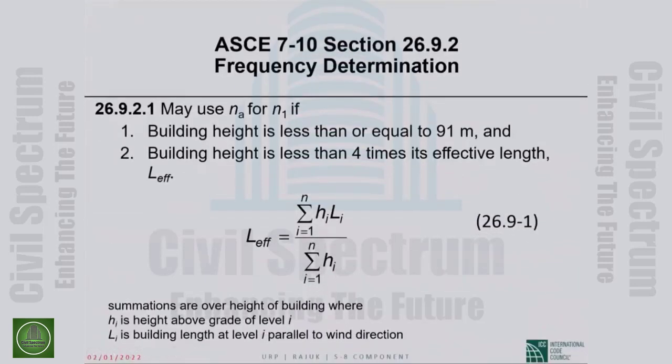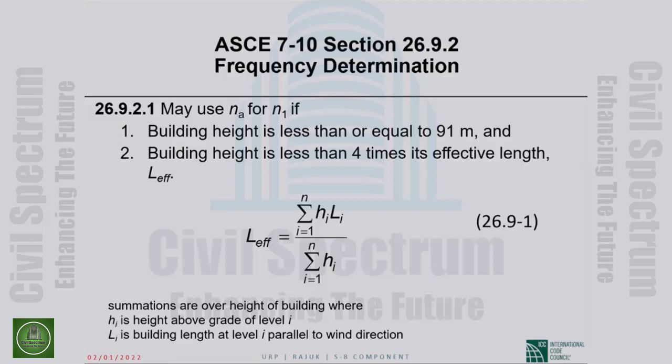Now, in order for you to be able to use the approximate formulas, you have to meet two requirements. One is the building has to be less than or equal to 91 meters in height. That would be about 300 feet, I think. That is not too much of a limitation, because taller buildings we will do sophisticated analysis anyway.